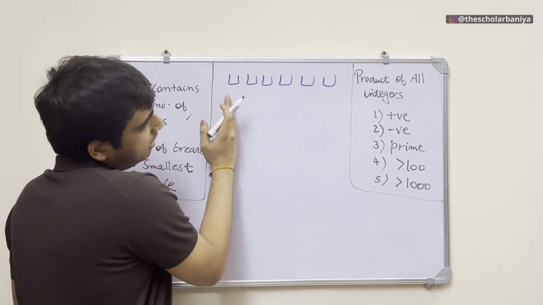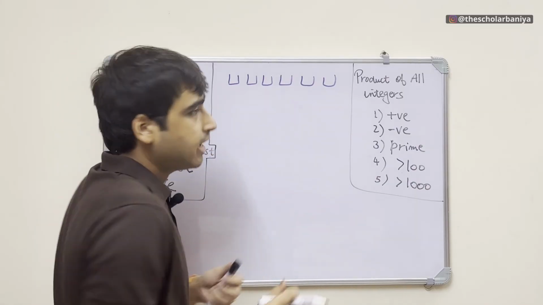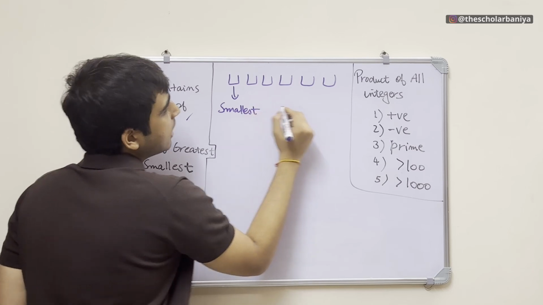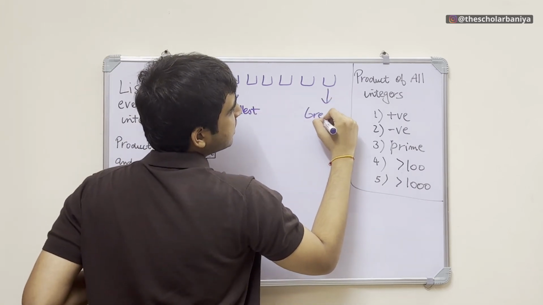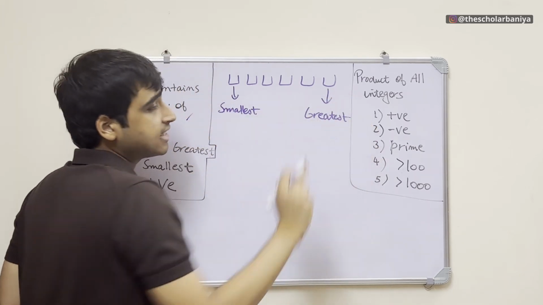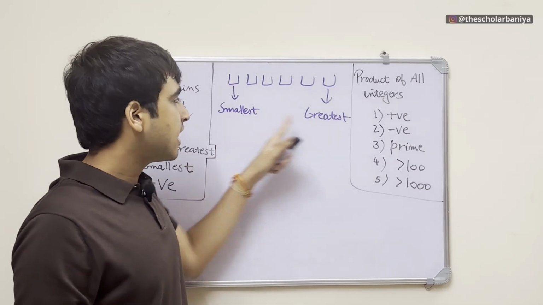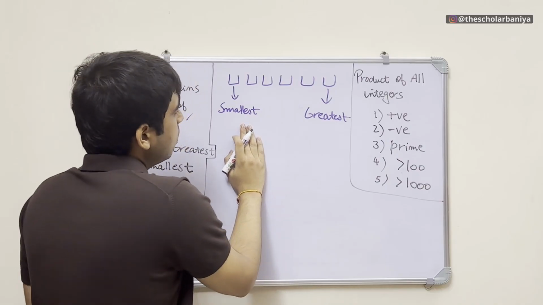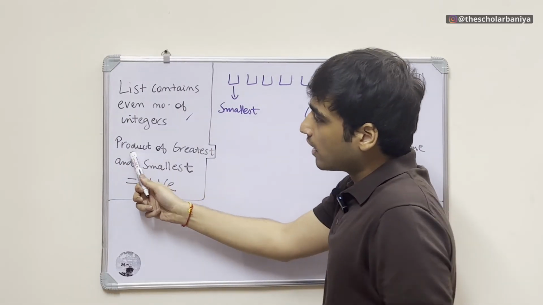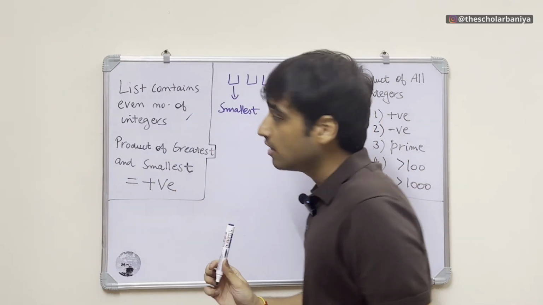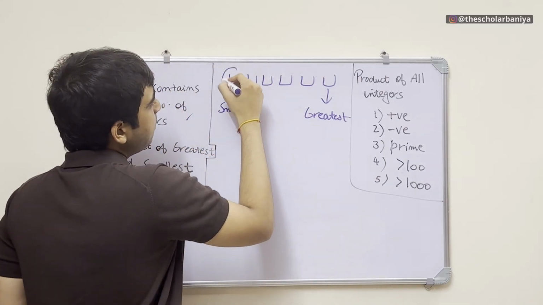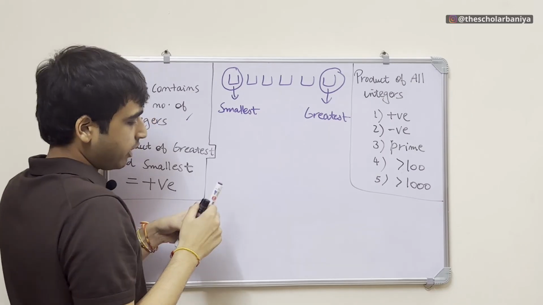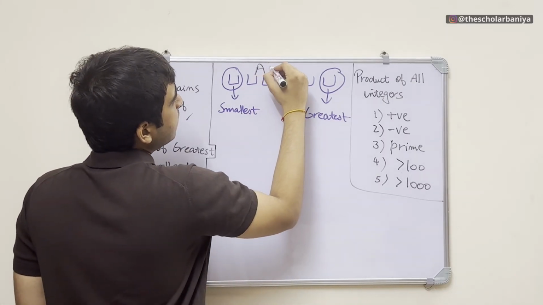Now, let's suppose that this is in ascending order, which means this is the smallest and this is the greatest. And we also know that the product of the smallest and the greatest is positive.